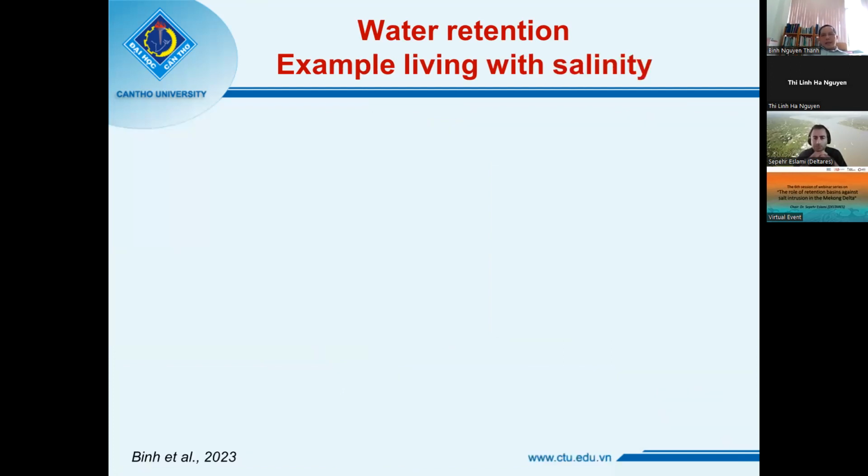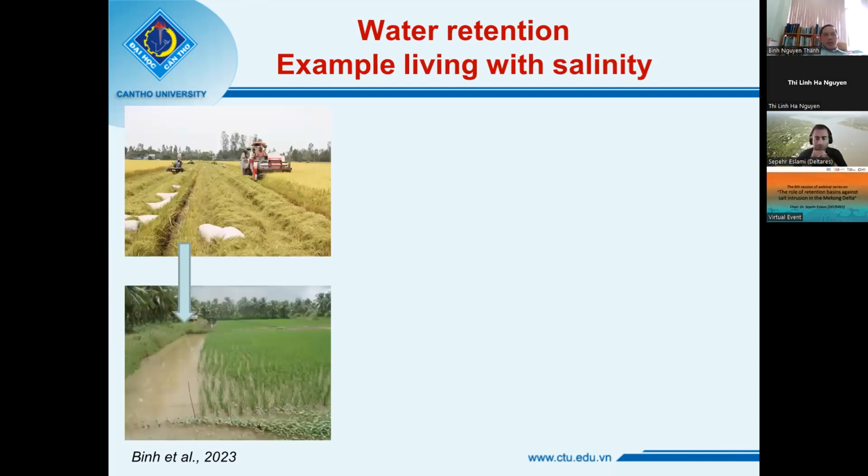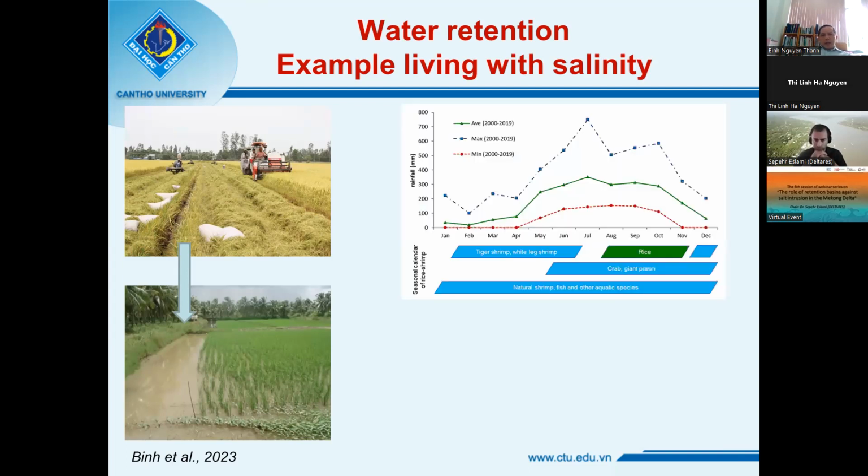In terms of salinity, in the coastal area, people also change the farming system from rice to aquaculture, to integrated rice and shrimp, to adapt to salinity intrusion. So in the wet season, they do rice, and in the dry season, when salinity comes, they do shrimp.